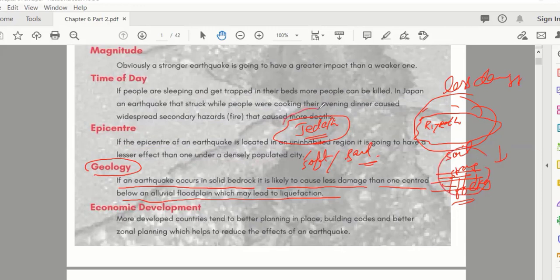If it comes in the coastal areas of Jeddah, where the soil is soft like sand and other grains, here it will cause more damage. It means the geographical or geological condition of that area also decides how much damage an earthquake can cause.